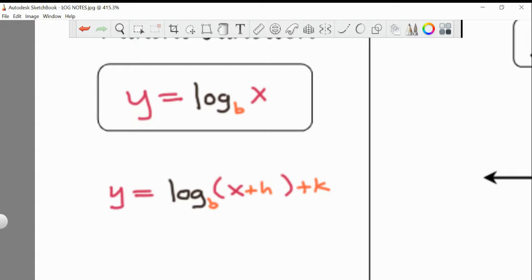And so we have very similarly a whole bunch of stuff that we already know about, right? We know that the h moves us left or right, opposite. We know that the k moves us up and down. We know that the b tells us growth or decay. So it's all the same stuff. Obviously, growth would be greater than 1. Decay would be less than 1.